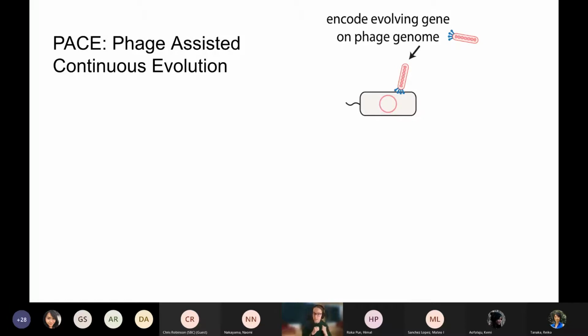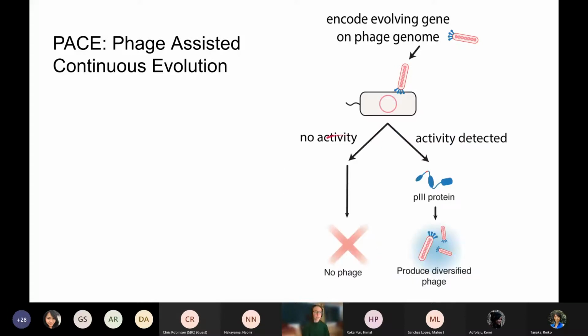Once the DNA encoding your evolving protein is inside the bacteria, it will be transcribed and translated, and then the sensor inside of the bacteria will evaluate that protein. If the protein has no activity, nothing more will happen. But if the protein does have activity that you're looking for, the gene circuit will trigger.